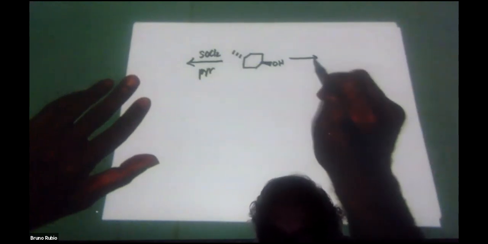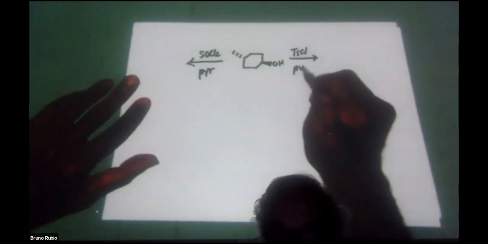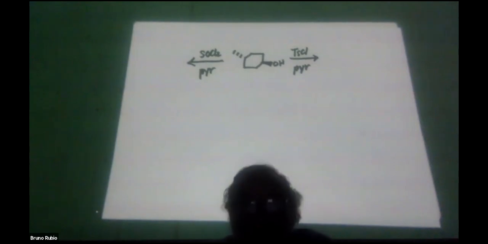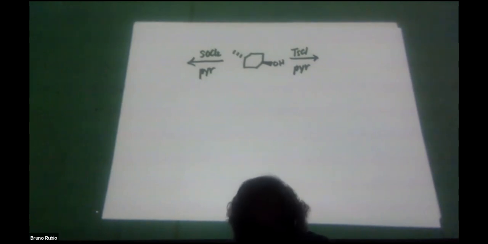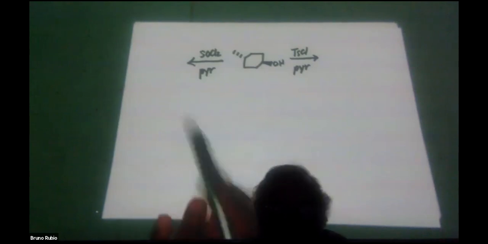Over here, tosyl chloride and pyridine. Okay, now real quick, write the structure of the products of both of these limbs. I'm not going to ask you in the chat, but when you're studying organic chemistry, this is one of the things that you're studying, being able to draw the structure of the product. Who lives there and who lives there?